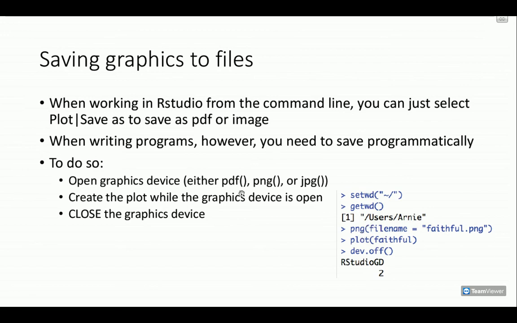Whenever you use one of these functions like PDF, PNG, JPG, you draw the plot and then switch off that device, so the plot is stored in your directory. You can use one of these in your scripts so your plots get automatically created and saved when you're running your scripts in batch mode.